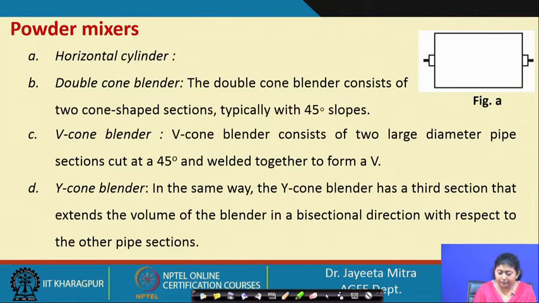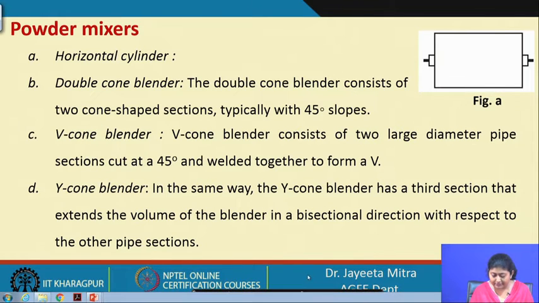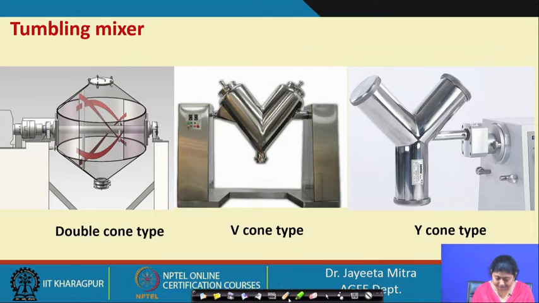With that V cone there is another section that extends the volume of the blender in a bisectional direction with respect to the other pipe sections. So, we will see the geometry here.